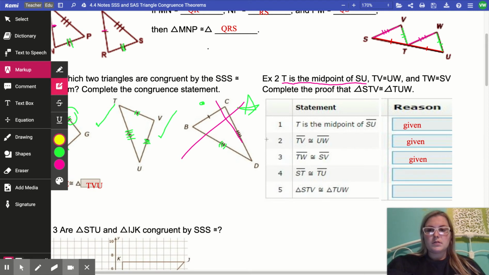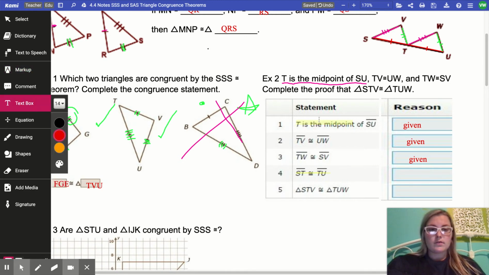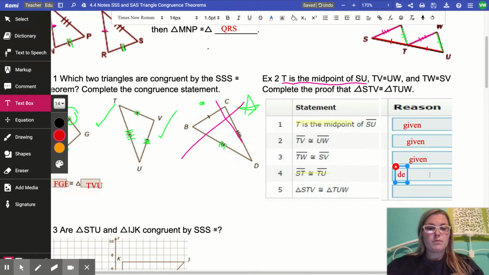So let me see, is this going to work for me now? Okay. T was the midpoint of SU. So that means that ST is going to be congruent to TU. The highlighter tool is not working very well. You live and you learn as you do these things. Okay, so since T was the midpoint, that made these 2 congruent to each other, so we could use the definition of midpoint over here as our reason.